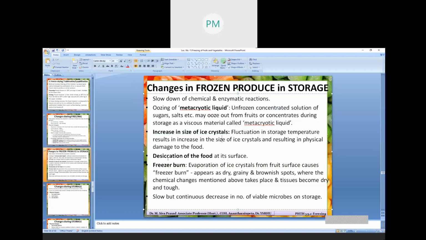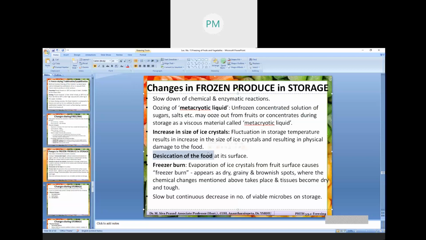And the desiccation of the food. So these are the changes I'm talking about, the various changes which occur during freezing of the produce. During freezing, what will happen? Sublimation, just now I have explained, wherein there is ice formation.